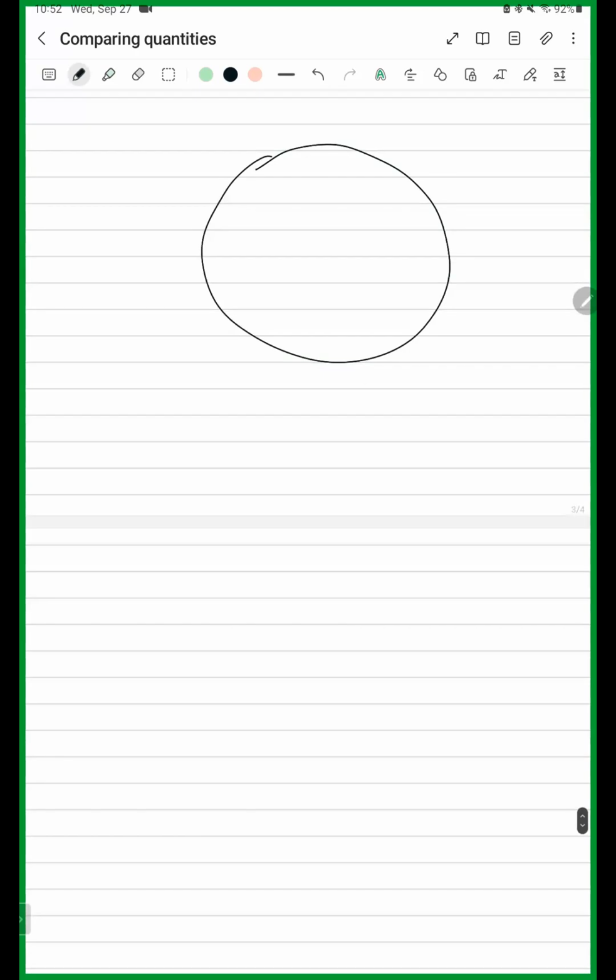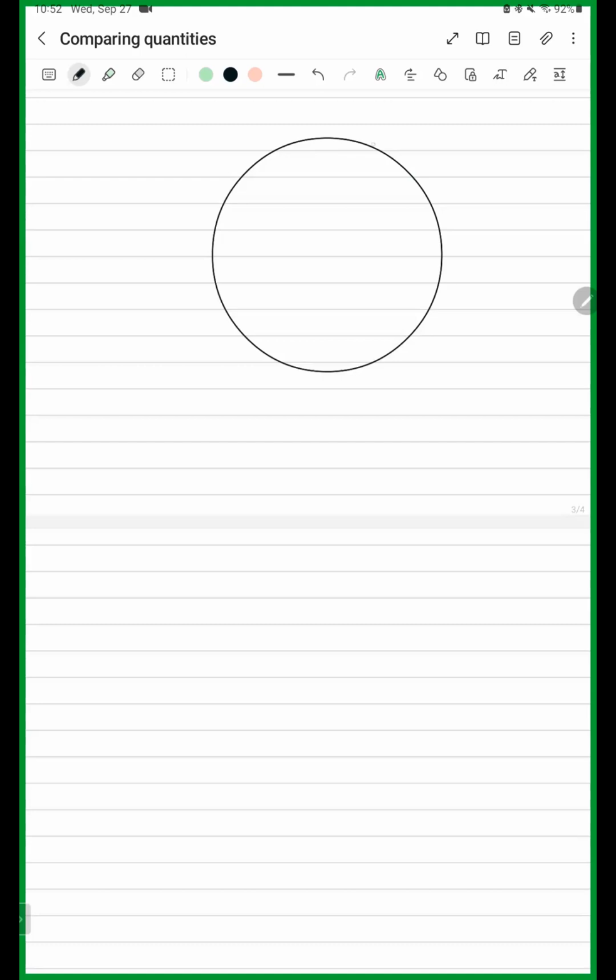Let's say this is your bank account. I am summarizing it in a pie chart. Let me make a smaller circle. Let's say green is the total amount of money you have. Now, out of this, you spent 3/4, which is 75%.